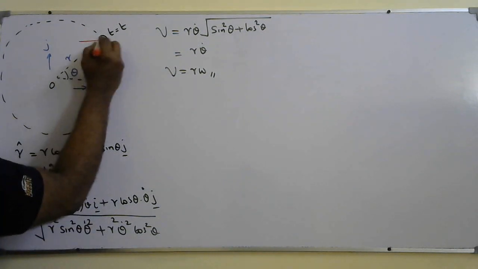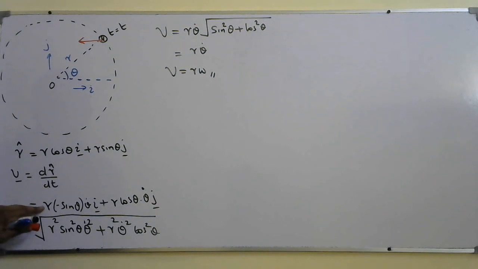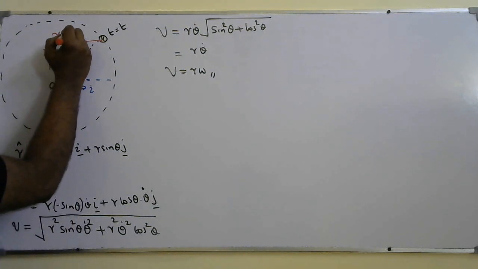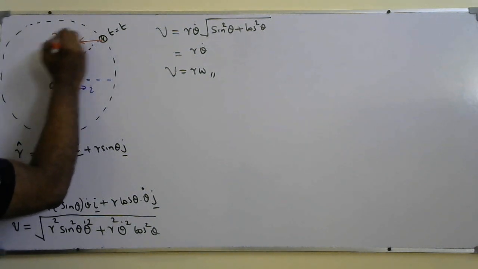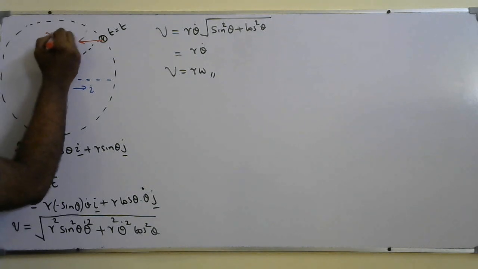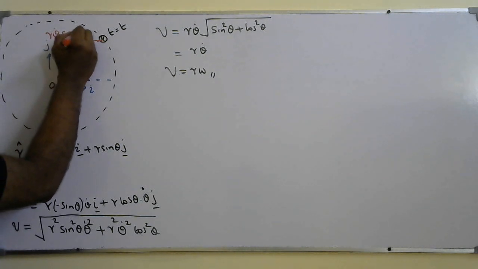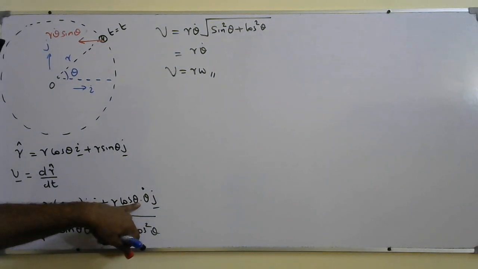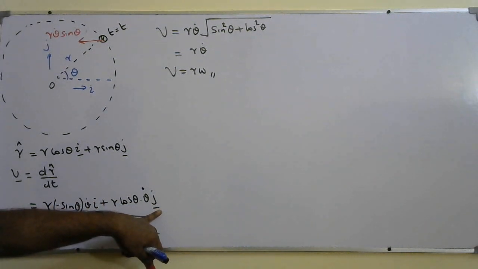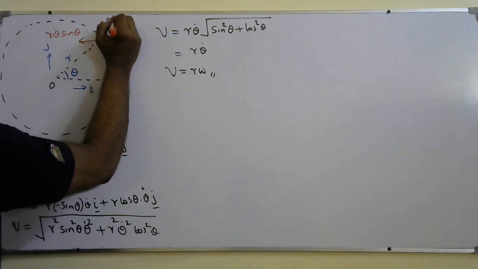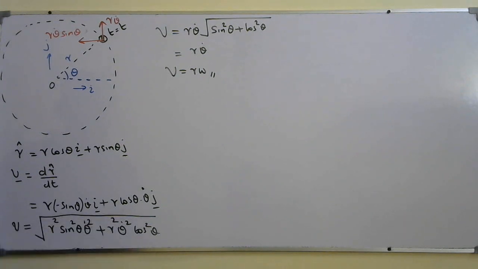So towards left the component will be r theta dot sin theta, and this is r cos theta theta dot along the j, so that could be along this direction, r theta dot cos theta.